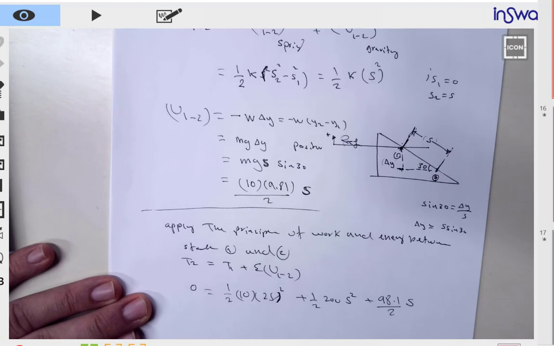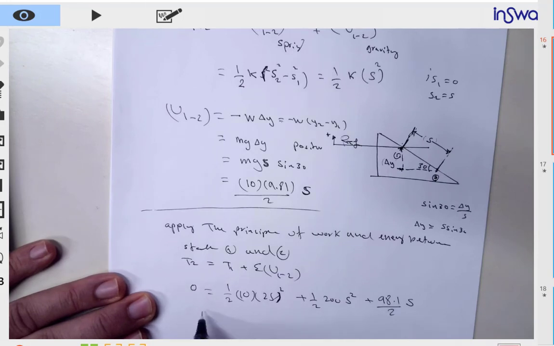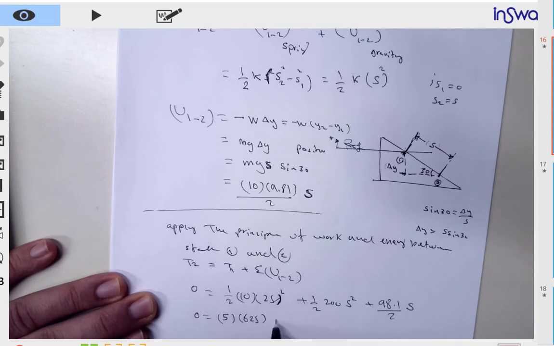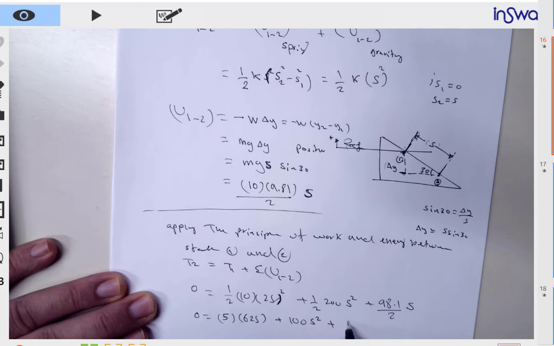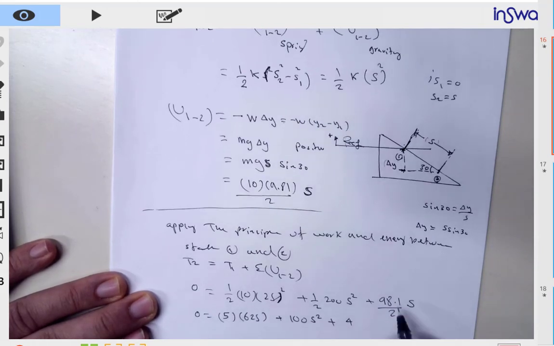Solving it, if you solve that, let's see, we can simplify that. 0 equals 625 plus 100 s squared plus 49.05 s.